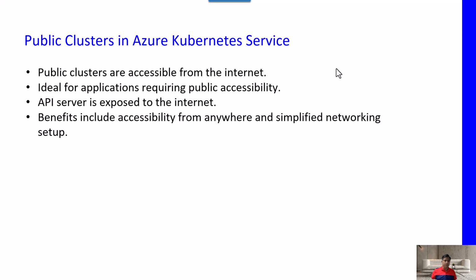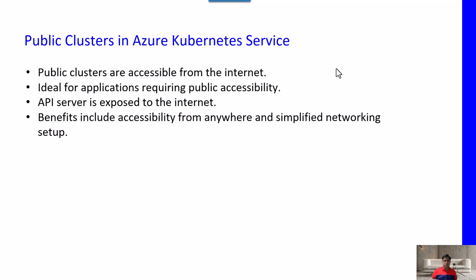Let's understand what public clusters in AKS are. Public clusters are clusters which are created in Azure, but they are accessible from the internet. And you might be thinking, why do I need a public cluster? Because public clusters are most ideal for applications where you require public accessibility. That means if you are hosting a website which is publicly accessed by users, then it is the best approach.